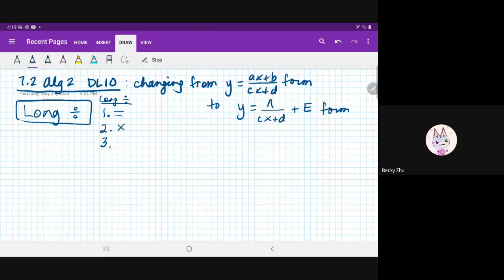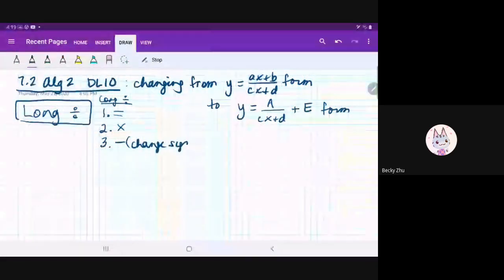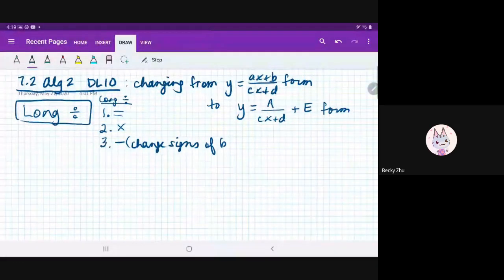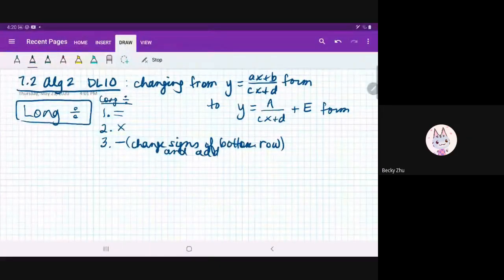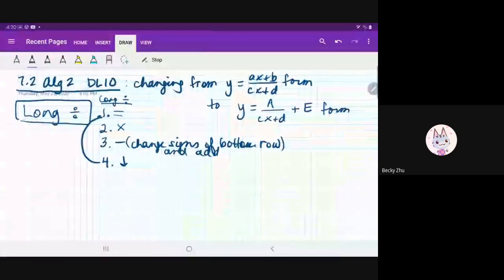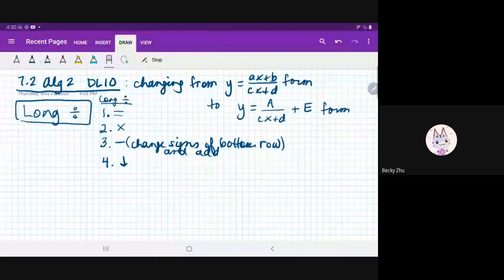And then subtract, but what we really did was change signs of the bottom row and add. And then step 4 was arrow, which means you bring it down. And then you repeat and you go back up.